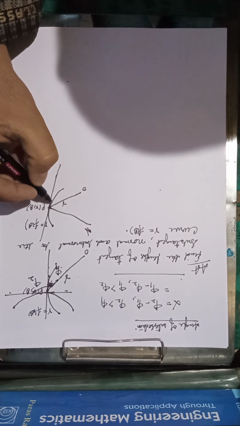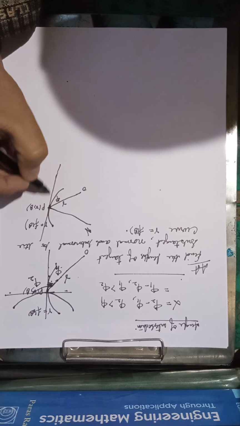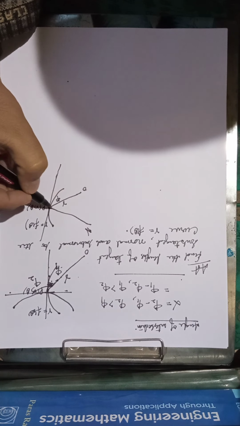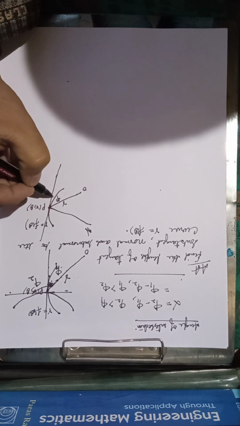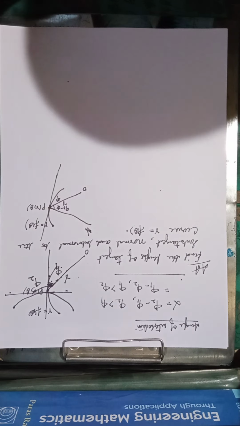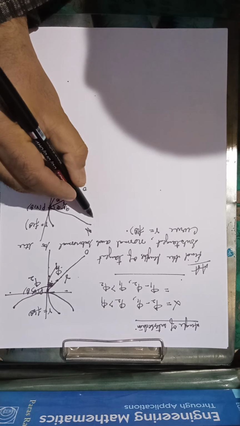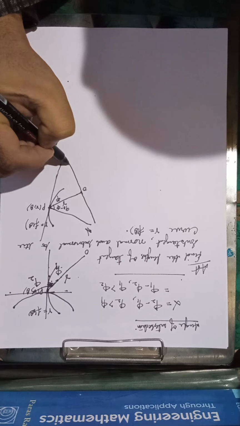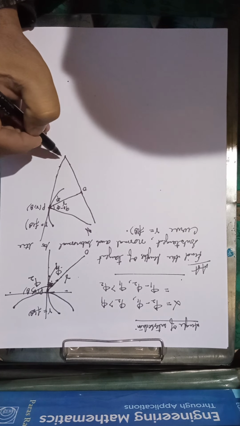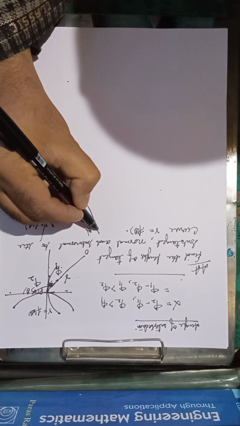So this angle is phi, the angle between radius vector and tangent. This is the normal, so this whole angle will be 90, but this angle will be 90 minus phi. Now let this line be perpendicular to OP, which meets the tangent at T and the normal at N.